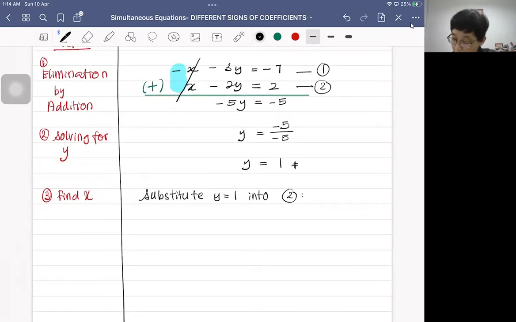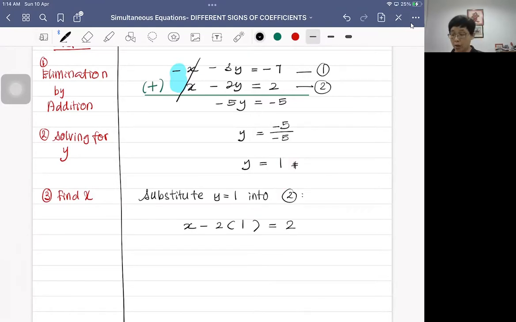So that will give us x minus 2. You notice the y, I put in bracket because the y is the value that you have found. So you're just going to substitute this value into this y. So we're going to put in there, and that equals to 2.